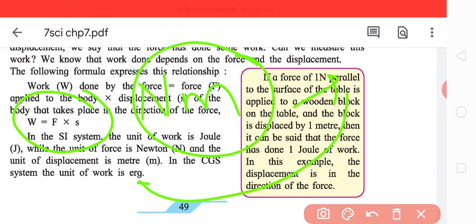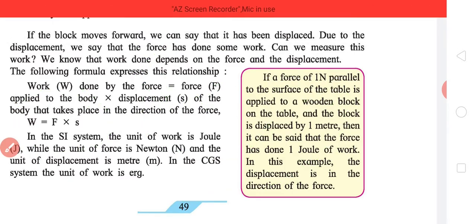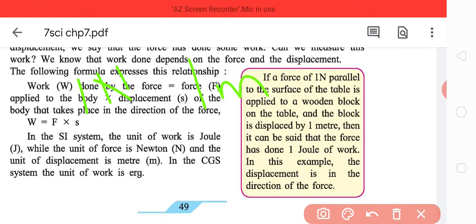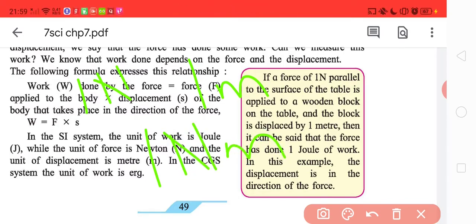With the traditional definition, if the application of 1 Newton of force creates a displacement of 1 meter, then 1 Newton meter of work is said to have been done. Newton meter is also called joule. 1 joule of work is said to have been done.